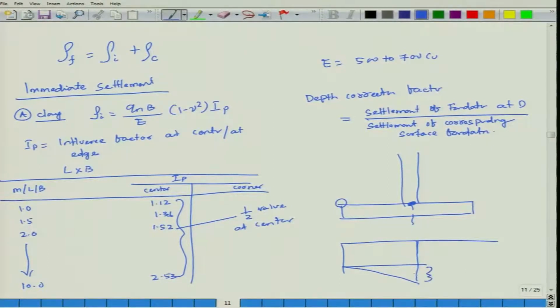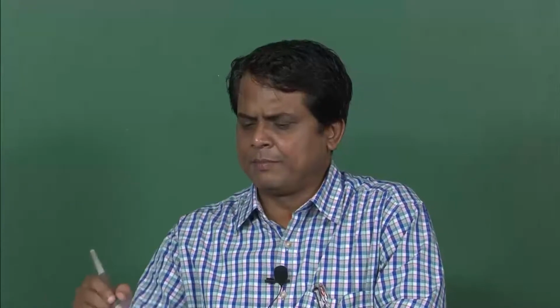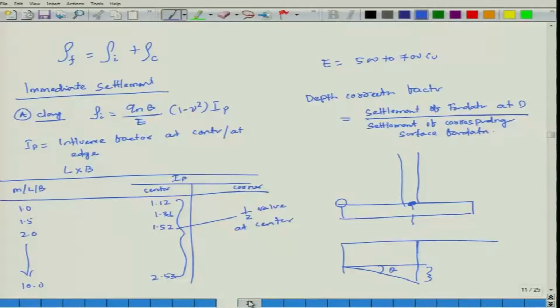Based on that, you can very easily find out the differential settlement. And the depth correction factor has to be determined: the settlement of a foundation at depth D and the settlement corresponding to a surface foundation, taking it as if there is no depth and the foundation has been placed at the surface. So, calculate the depth correction factor.